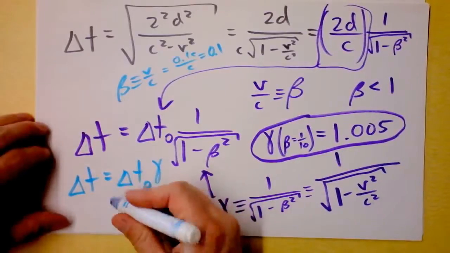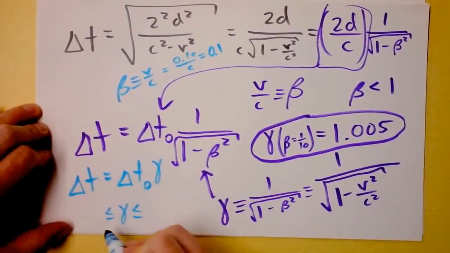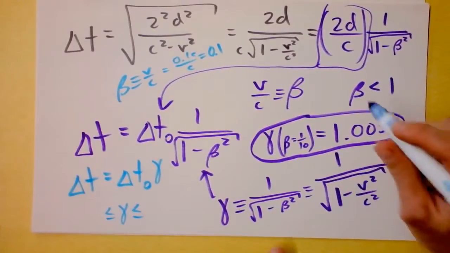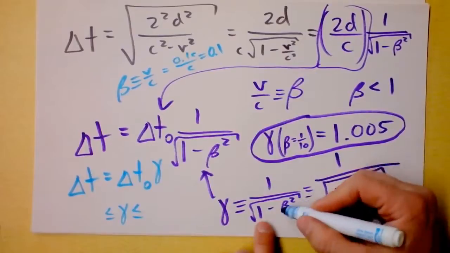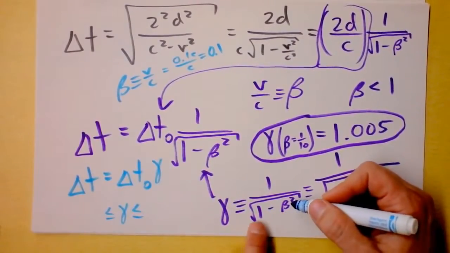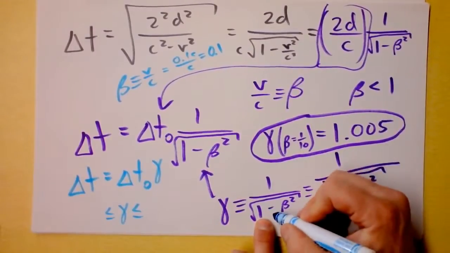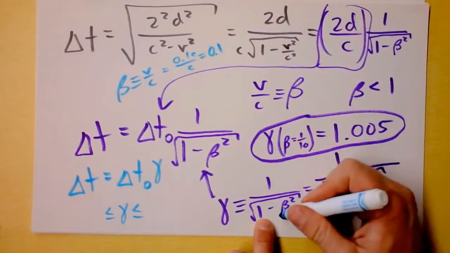And gamma, let's see, what is the range of gamma? We were working through this, right? We said that beta is always less than 1, and if I'm squaring it and taking 1 minus a number less than 1, then that's going to be in between 0 and 1. And then I'm taking the square root, and it's actually going to get a little bigger because it's between 0 and 1.